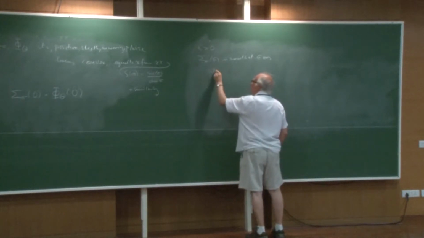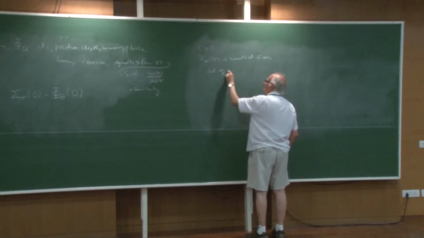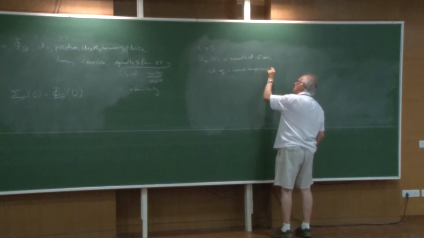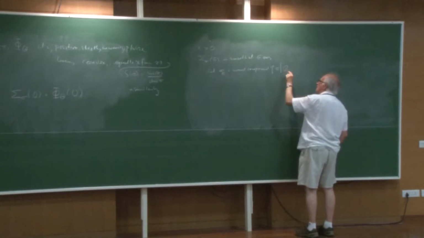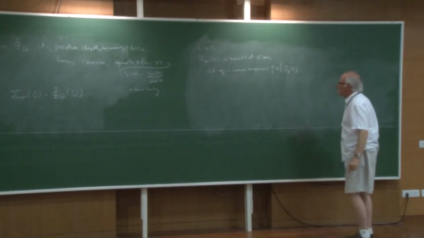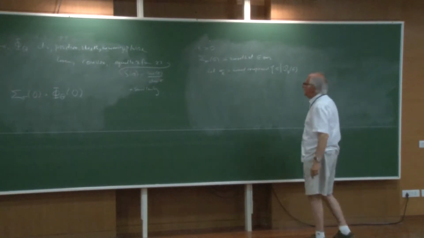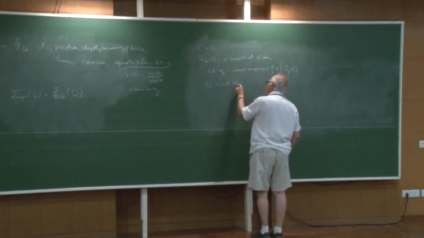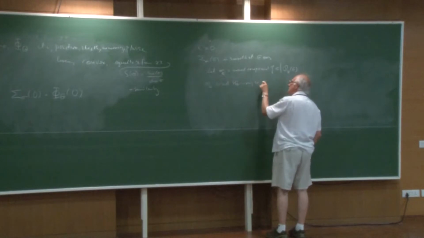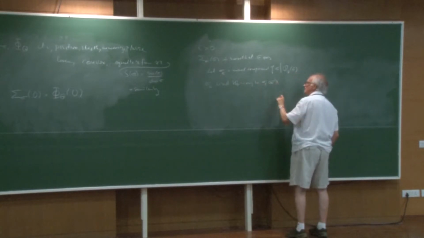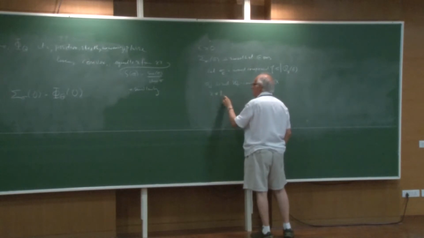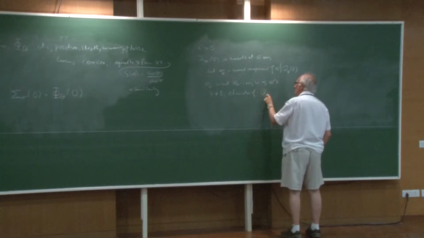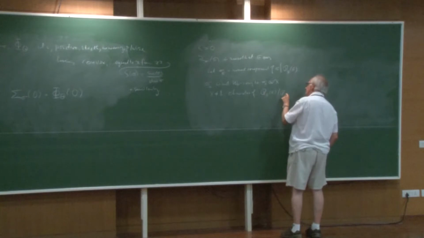I let sigma epsilon be an irreducible component of sigma on the proper ramification group, not the plus one. And the condition is that sigma epsilon is not WF conjugate to sigma epsilon tensor chi, where chi is a non-trivial character of RF of epsilon on RF plus of epsilon.